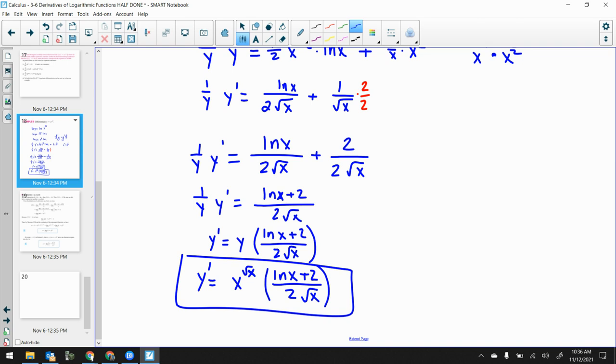That's all we could have done. So again, logarithmic differentiation is just a unique way to differentiate. I believe on the quiz I say use logarithmic differentiation to solve this one. Okay, I direct you to using logarithmic differentiation.